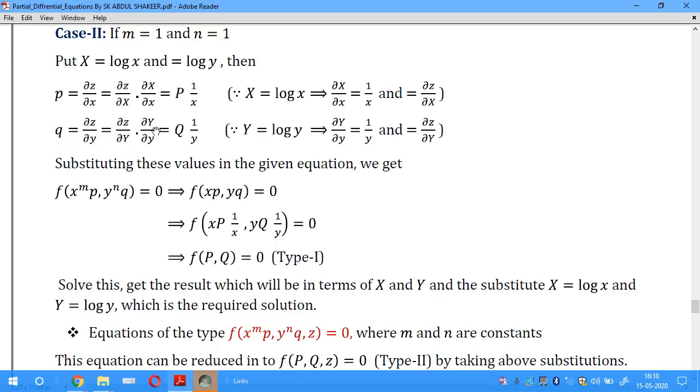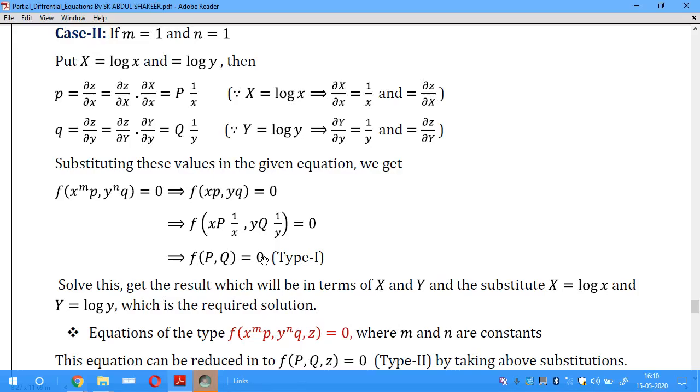Similarly, we have small q as capital Q by y. Thus, small p is replaced with capital P by small x and small q is replaced with capital Q by small y. Thus, we will have a new equation, that is f(P, Q) = 0. This is known as type 1.